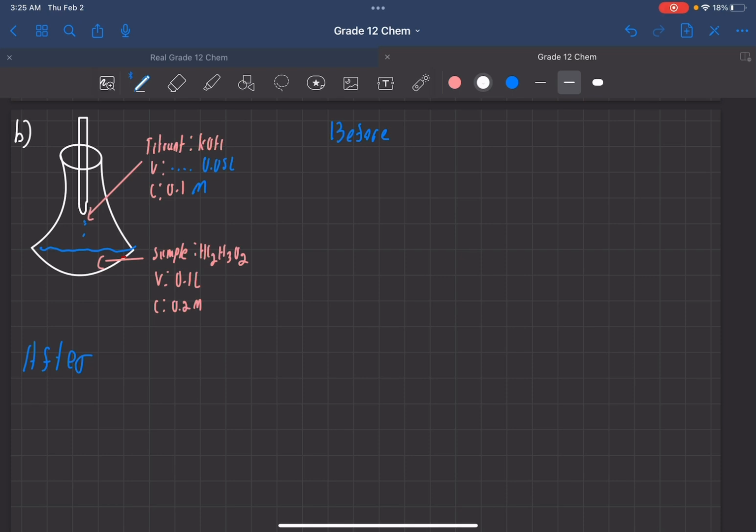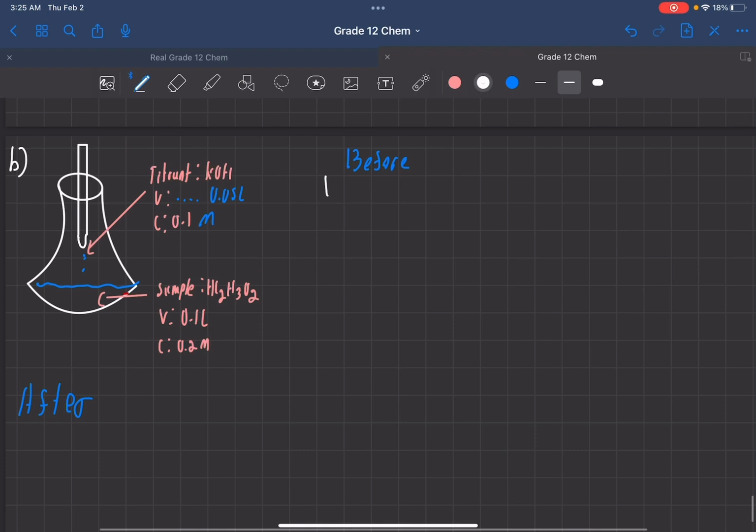The before statement tells us how many moles of hydroxide and hydronium we had, and for the after, we subtract and see how many moles of hydronium or hydroxide we have left. In this case, because it is a dilute solution, we're going to have moles of hydronium left from the acid. Okay, so let's set up our dissociations.